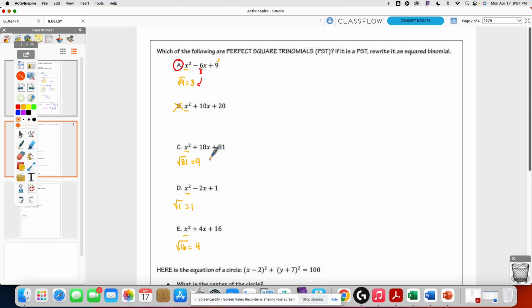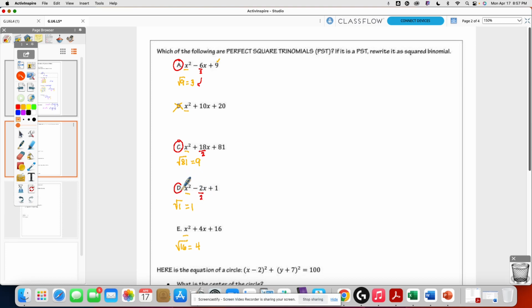Okay, let's skip letter B. What about this one? If you divide 18 by 2, or multiply 9 by 2, you get 18. Or divide 18 by 2, you get 9, right? So again, that's a perfect square trinomial. Letter D, if you divide 2 by 2, you get 1. All right?